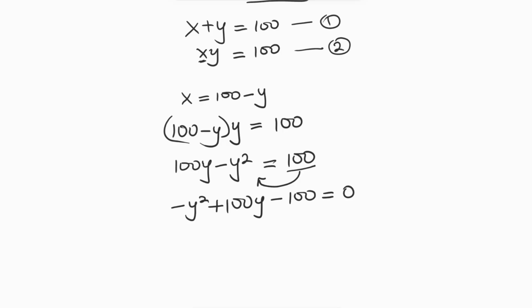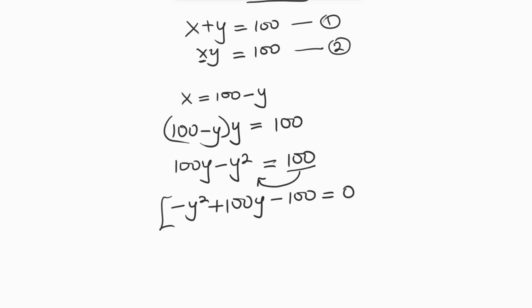Now we have that our y squared has a negative sign. So let's try to change this and make our y squared possess a positive sign. And this can be possible by multiplying both sides by minus 1.